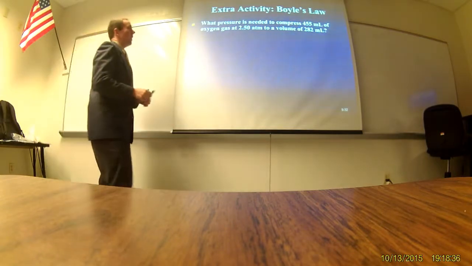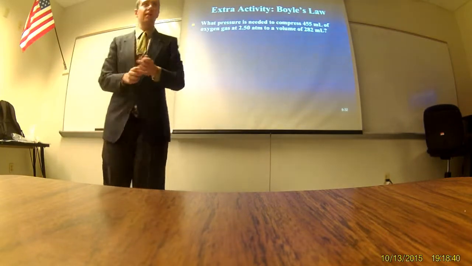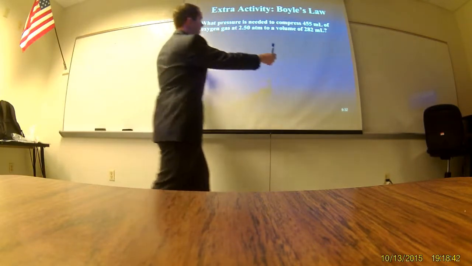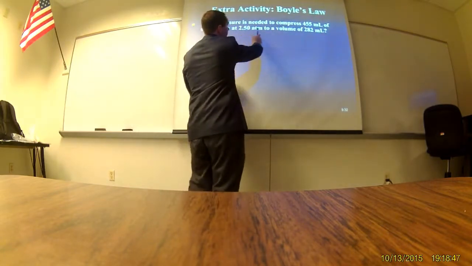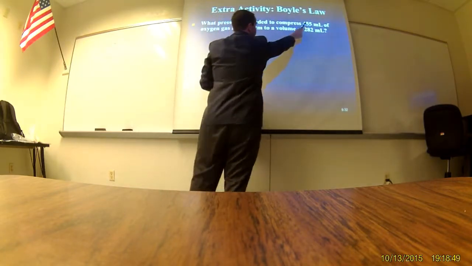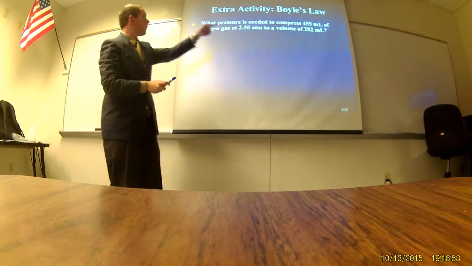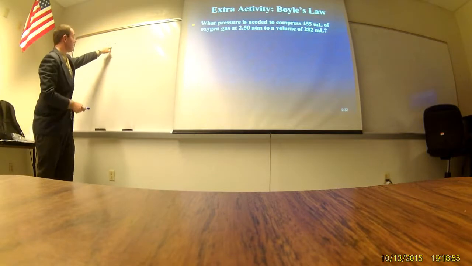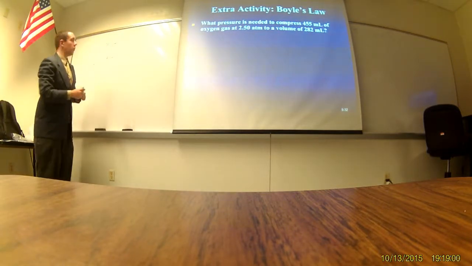So, there are two ways to look at this. There's the test-taking way. In terms of words, it says 455 milliliters of oxygen gas at 2.5. The 2.5 is linked to the 455 in terms of words. And 455 was V1, so P1 must be 2.5.